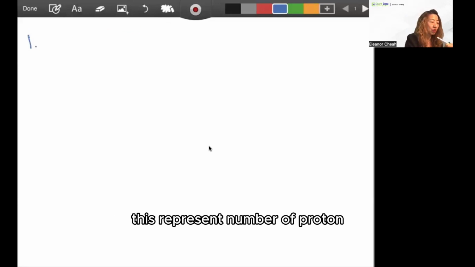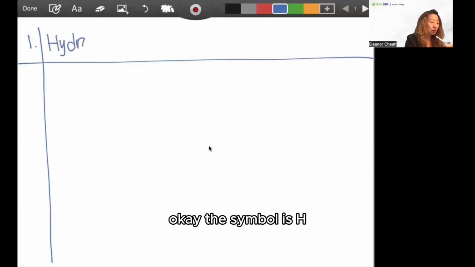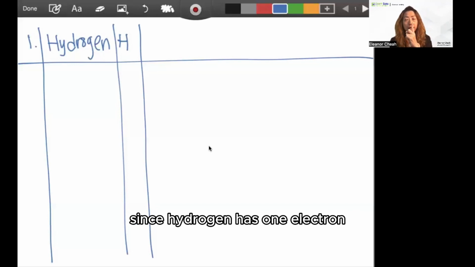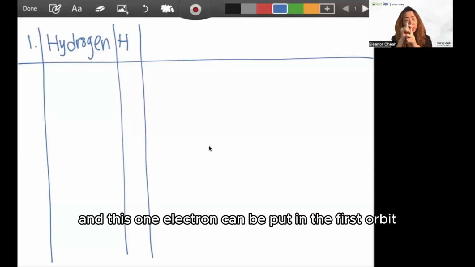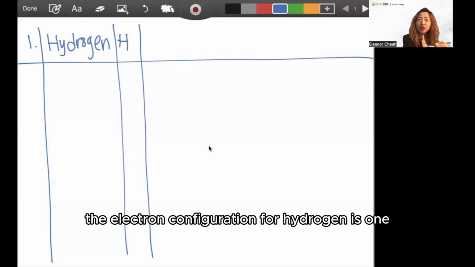The first one is called hydrogen. The symbol is H. So how does the electron configuration look like? Since hydrogen has 1 electron, and this 1 electron can be put in the first orbit, the electron configuration for hydrogen is 1.